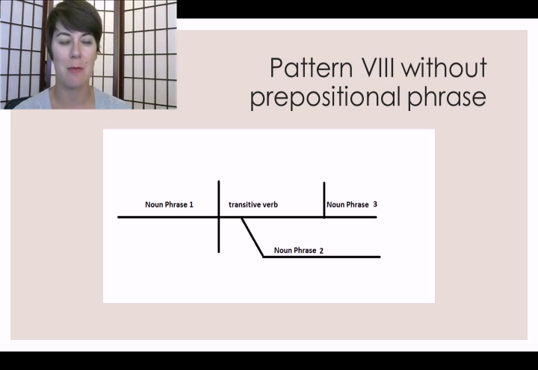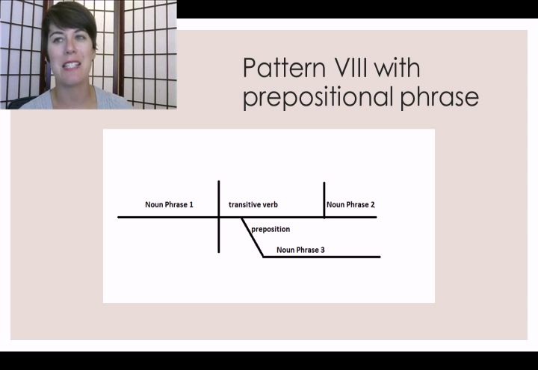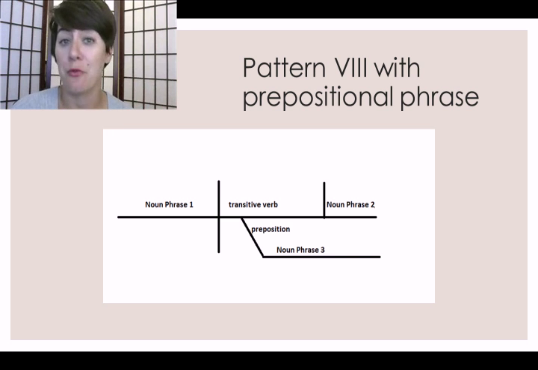In the first diagram, it was NP1, transitive verb, NP3 in the DO slot, and in the second diagram, it's NP2 in the DO slot. That's because we're just putting these NPs in the order they appear. So if the sentence is, I threw the ball to Butch, the ball is the second noun phrase we encounter. With these numbers, we're really just trying to make it clear what has a different referent.